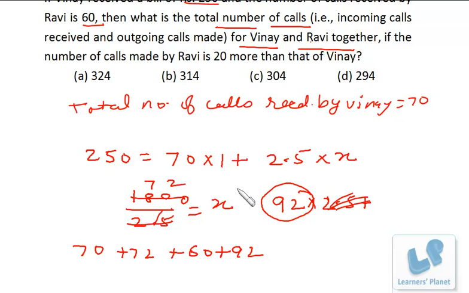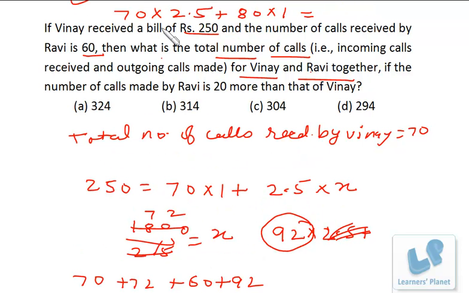The number of calls received by Ravi is 60, that is incoming calls. 92 are outgoing calls by Ravi. 70 is incoming by Vinay and 72 is outgoing by Vinay. So this is the total number of calls received and outgoing. So it is 294. I hope you are clear. Definitely we have to understand lots of data over here, but still the problem is really easy.